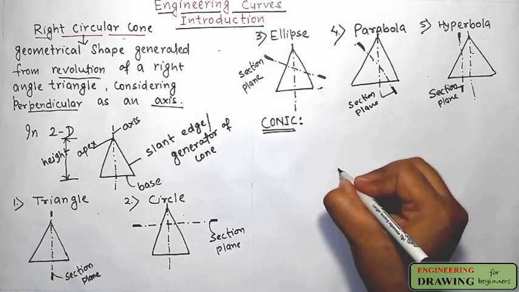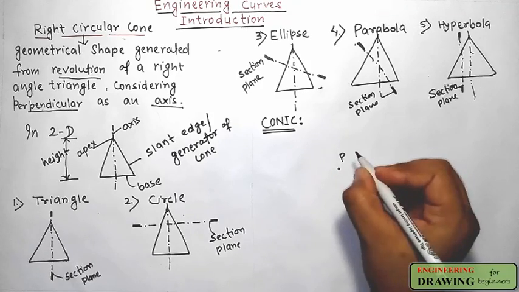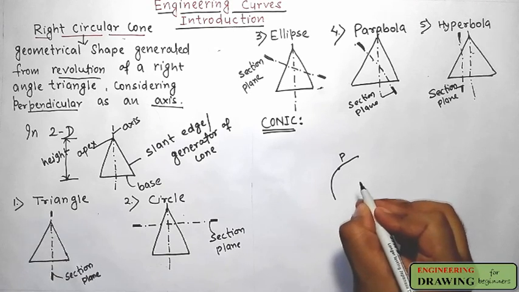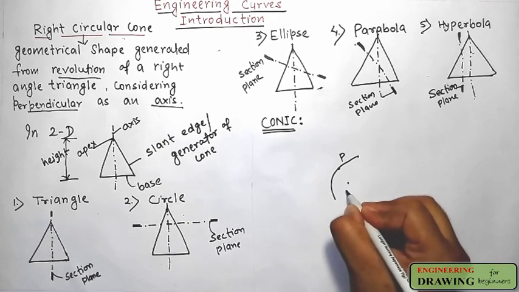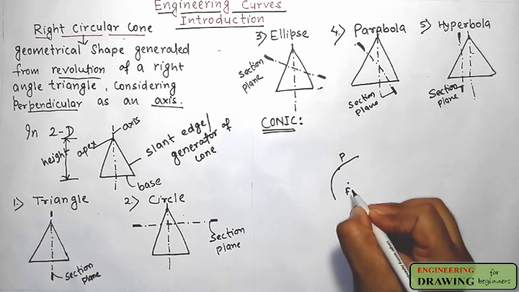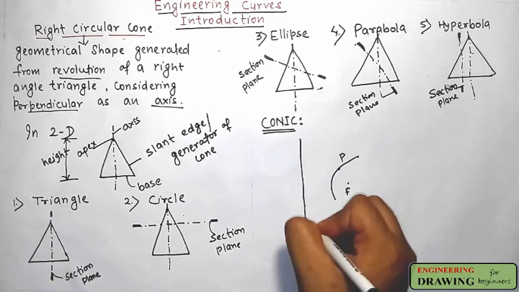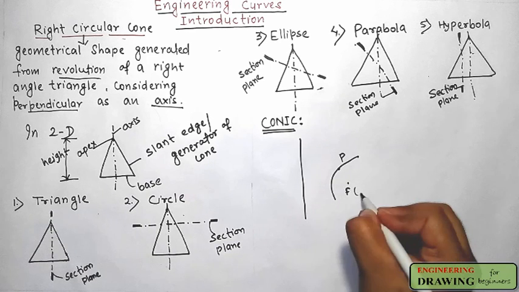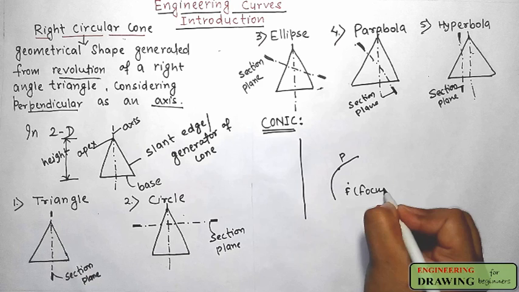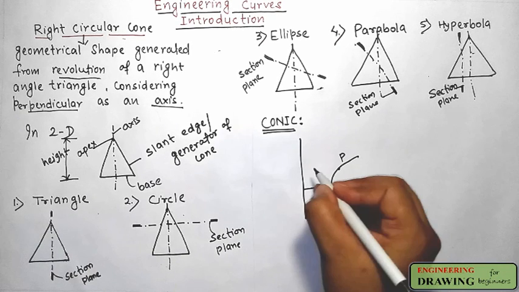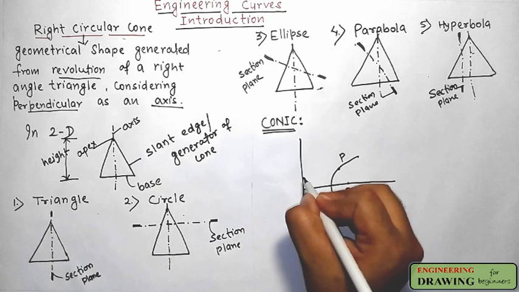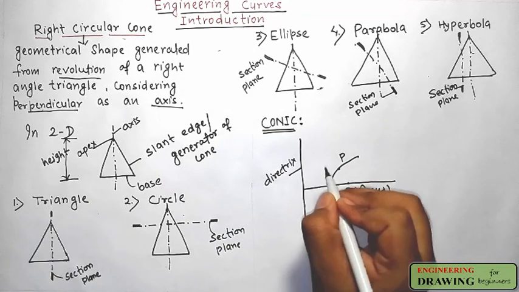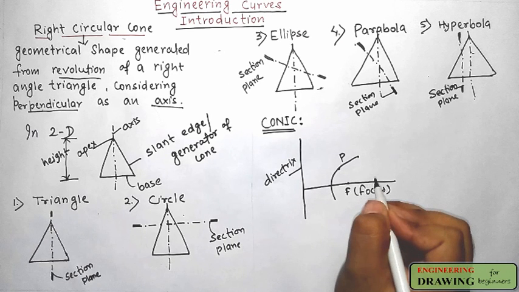Suppose a point P is moving in a plane such that the ratio of its distance from a fixed point F and a fixed straight line is always constant. Then this fixed point F is called the focus, this straight line is called the directrix, and the fixed ratio is called eccentricity.